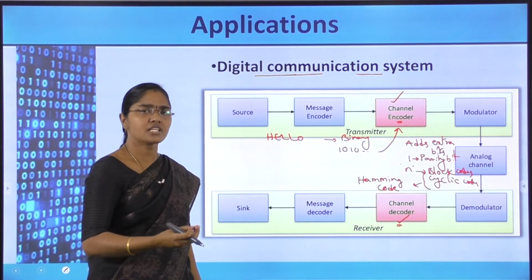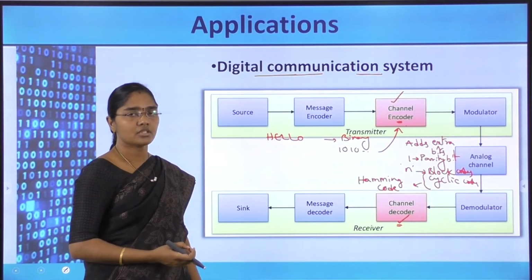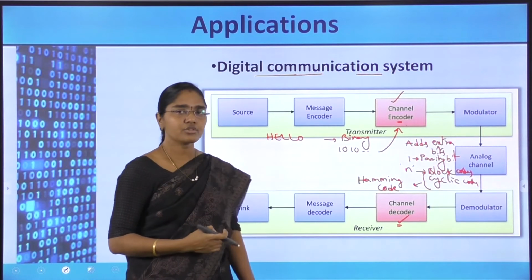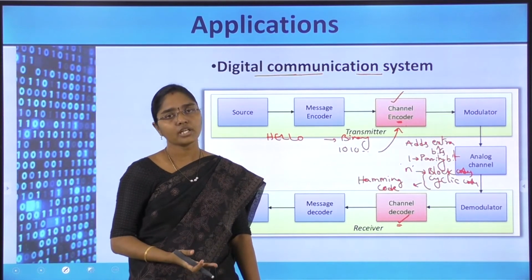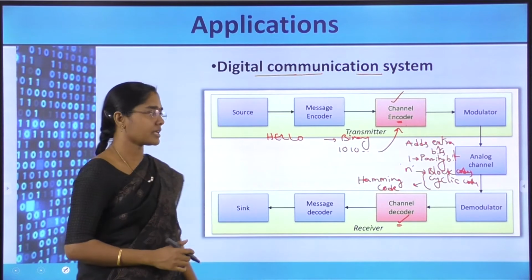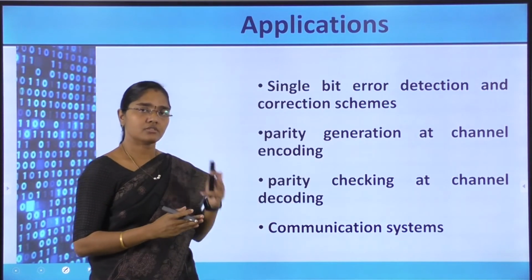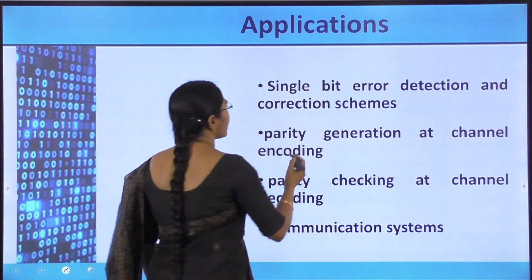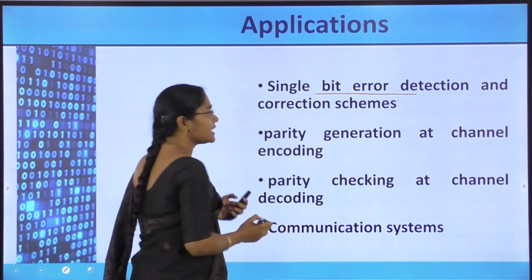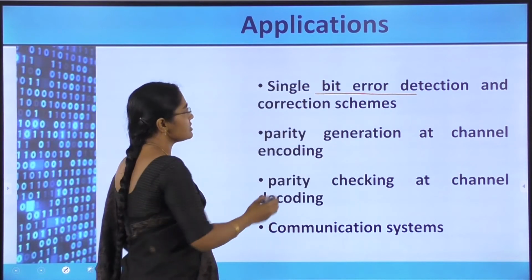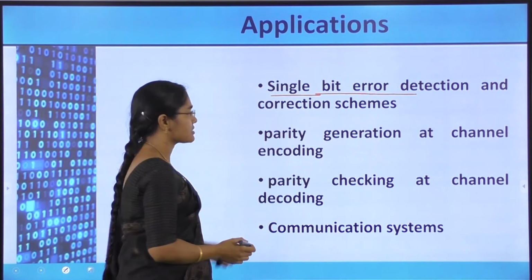In this, the first and most basic case is parity with a single bit. So today we are going to see the generation of that parity bit and the checking of that parity bit at the receiver side. So what are the applications? These parity generators and detectors are basically used in single bit error detection and correction schemes.